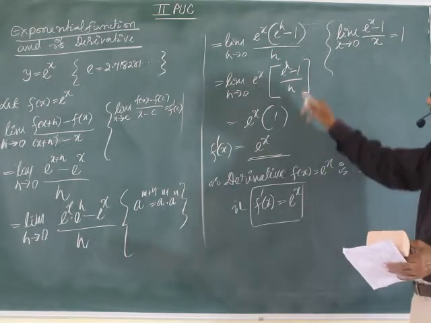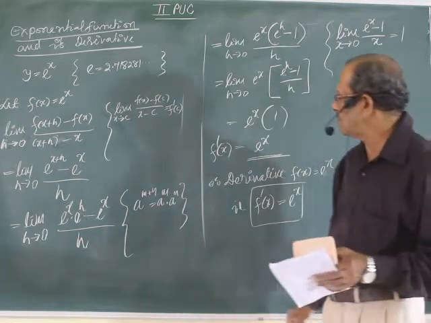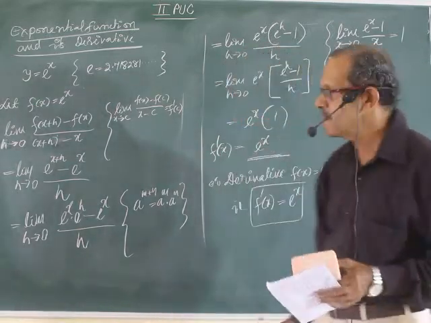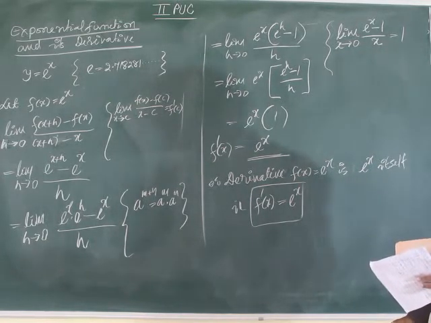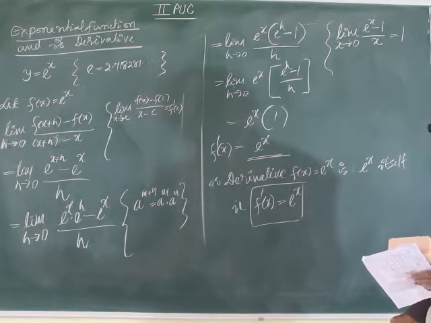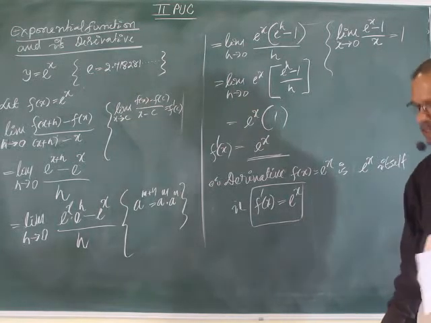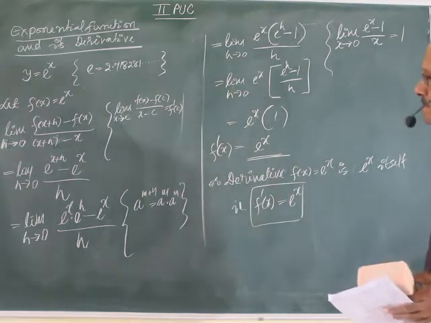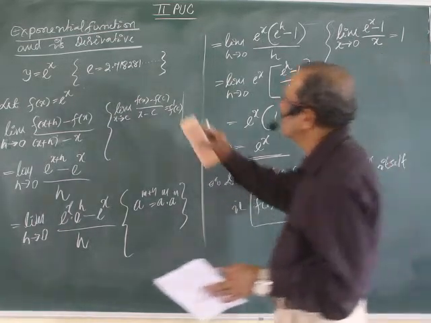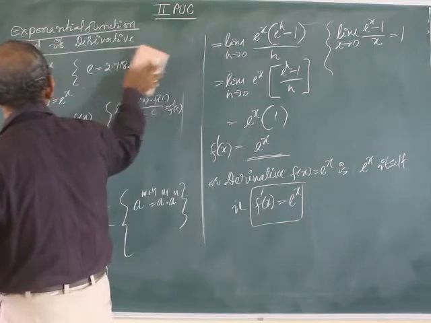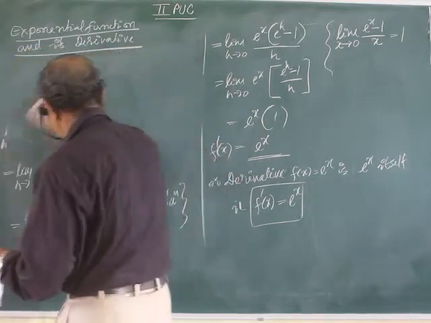Using that limit, you can say derivative of e to the power x is e to the power x. Work out or derive the formula yourself again and again.